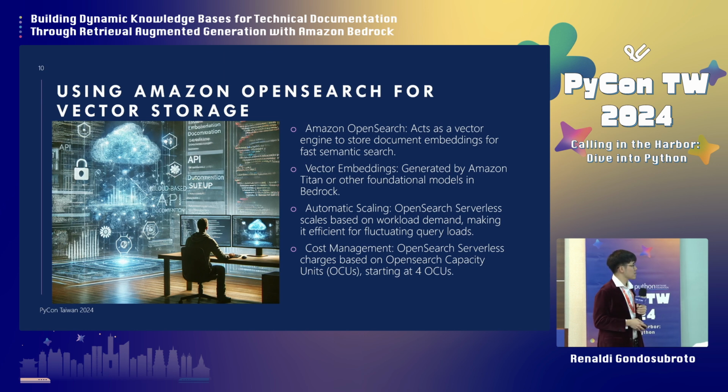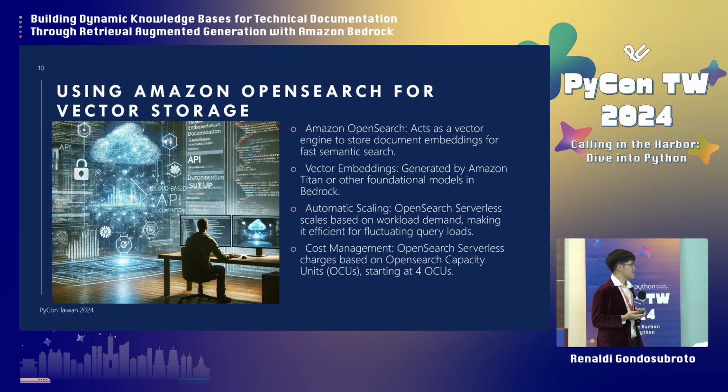And we also get the vector embeddings, which are generated by Amazon Titan or other foundational models within Bedrock. We are also able to look at automatic scaling, which is brought by OpenSearch Serverless, which scales based on workload demand, making it efficient for fluctuating query loads. And that ultimately leads us to a bit of a conversation on cost management.